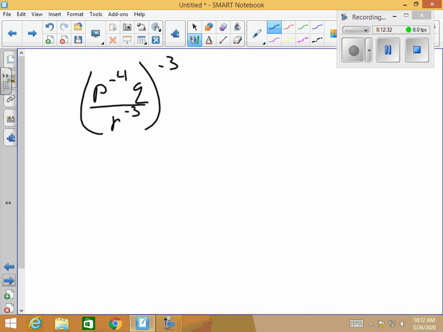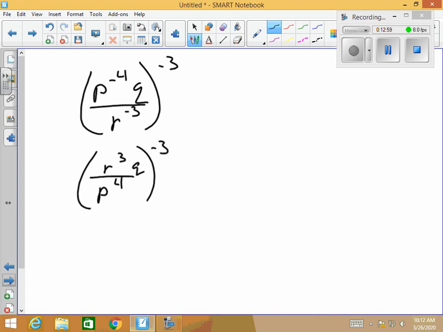Here again, our order of operations never fail us. Is there anything I can do to simplify that problem inside the parentheses? Well, yeah, I can get rid of my negative exponents. When I do, I get r cubed up top. My p to the negative 4 comes to the bottom, thus making it p to the positive 4. And my q still stays on top where it was. Here again, everything's still to the negative 3 power.